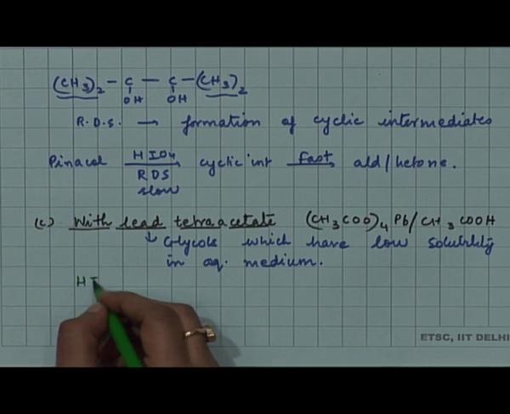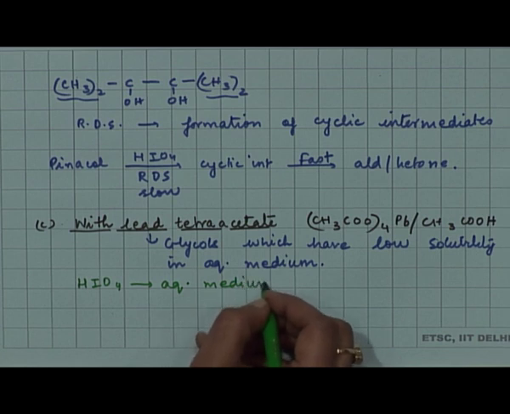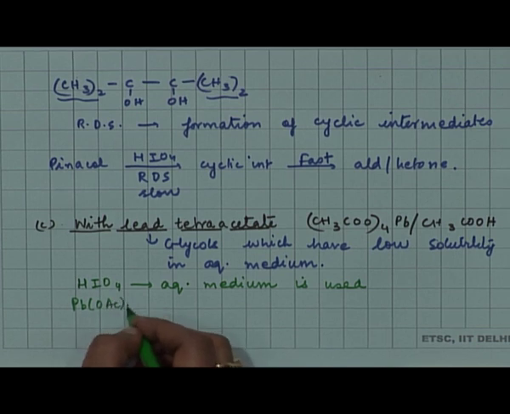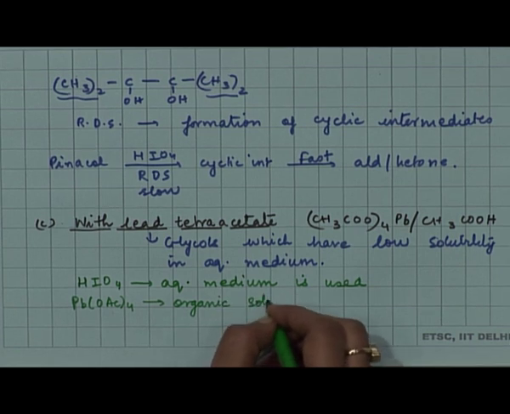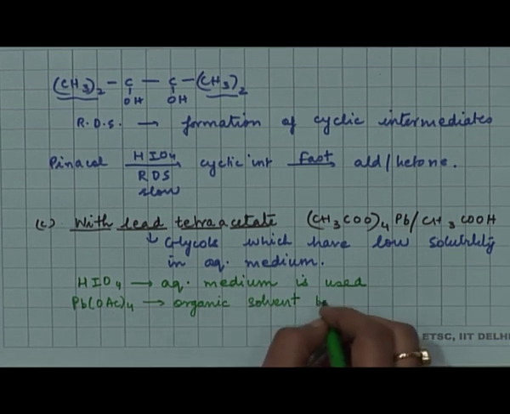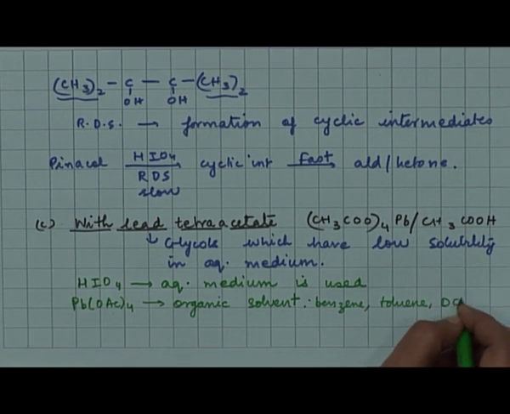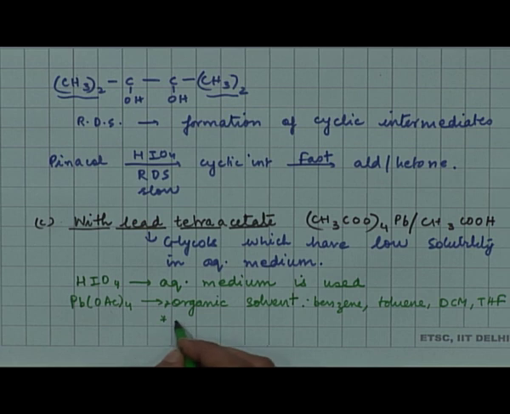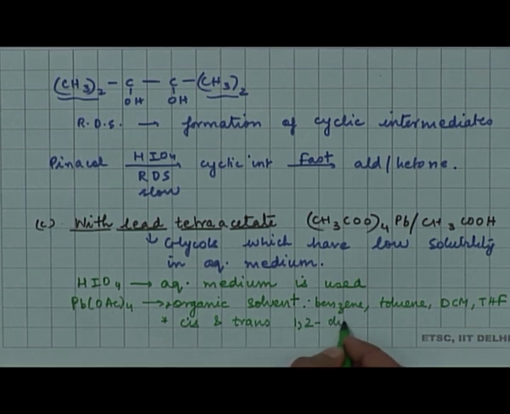Why? Because in periodic oxidation it was an aqueous medium which was being used for the reaction, but in case of lead tetraacetate oxidation of diols, the reaction is carried out in organic solvents like benzene, toluene, dichloromethane, tetrahydrofuran, etc. And in this case both the syn and the anti glycols, that means both the cis as well as the trans 1,2 diols, can oxidize.